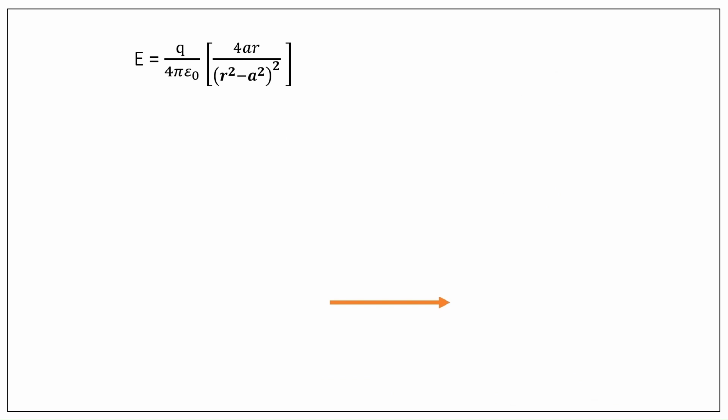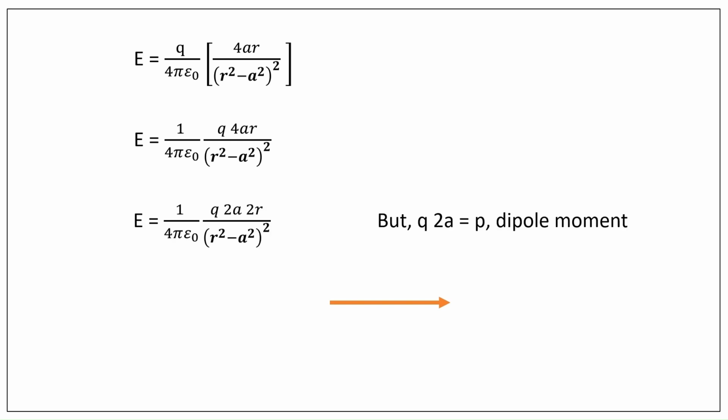We get E is equal to q by 4 pi epsilon naught into bracket 4ar by (r square minus a square) whole square. Therefore, E is equal to 1 by 4 pi epsilon naught into q 4ar by (r square minus a square) whole square.